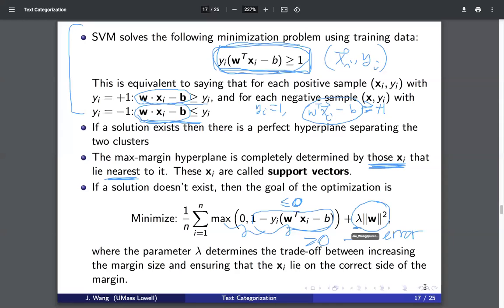So then we still minimize this. Once again, if there is no error, in other words, it satisfies these things, then we just think of it as 0. So there is no error, 0 error. Otherwise, if this thing is greater than 0, that means it has error, but I want to minimize it. So far so good, right?